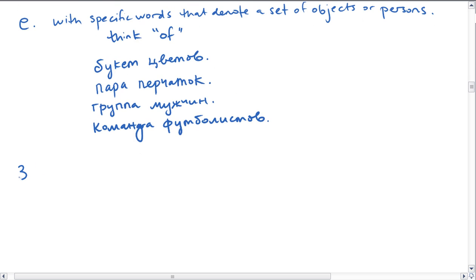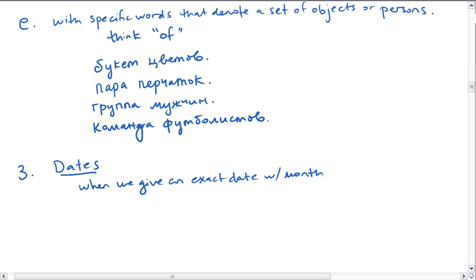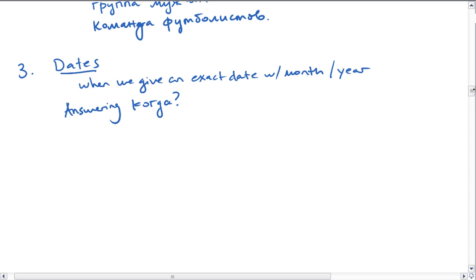We also use the genitive case for certain dates, specifically when we give an exact date with month or year. And we use the genitive case when we're answering когда. So, for example, когда вы уезжаете?